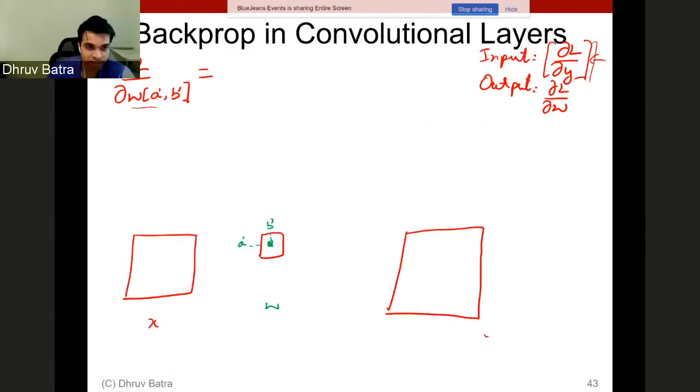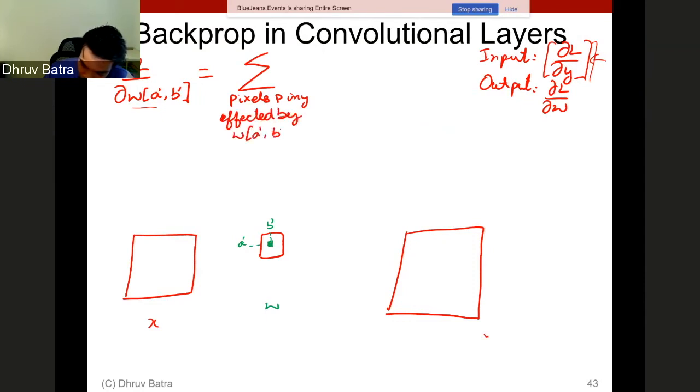So one way of writing this informally is to say, chain rule, I will sum over all pixels P in Y that are affected by W A prime B prime. So if epsilon perturbations to W A prime B prime change that pixel value, then I will consider it in this summation.